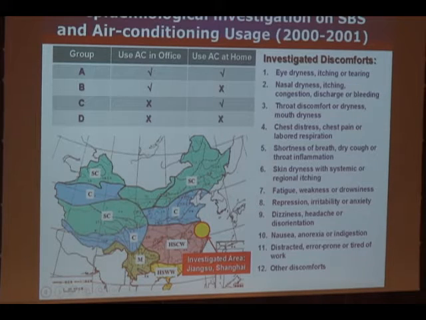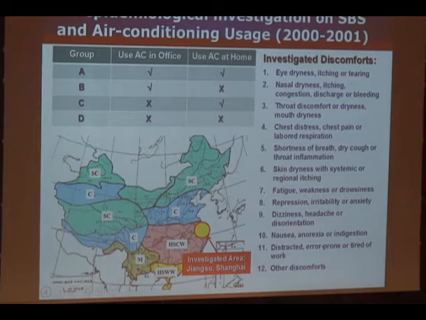And now it's more difficult to do this kind of investigation because more and more people use air conditioning, and fewer and fewer people do not. The survey area is Jiangsu and Shanghai, in the east part of China, the most developed place in China.